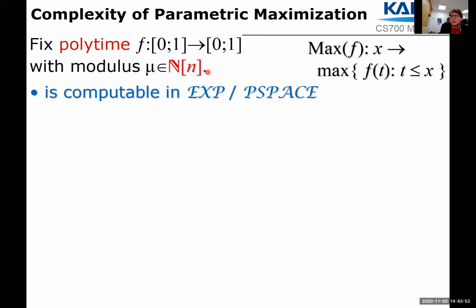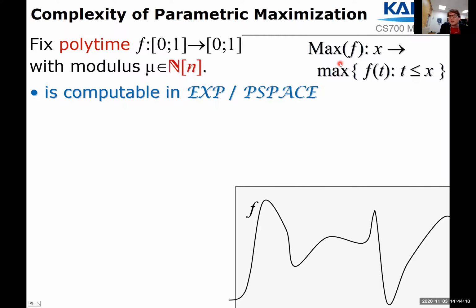And we can and will suppose that this or one such polynomial modulus of continuity is known to our algorithm. Since the function is not given as input, but fixed, similarly, a modulus of continuity of that function is not input, but is fixed and is hard-coded in our algorithm that computes the parametric maximum. Namely, that algorithm will virtually subdivide the unit interval.